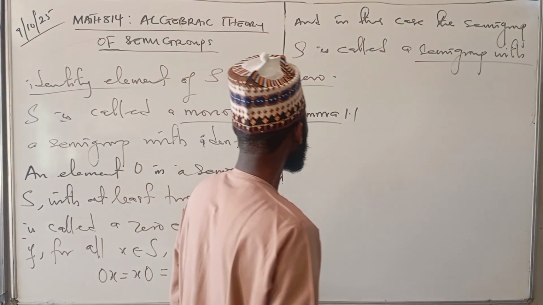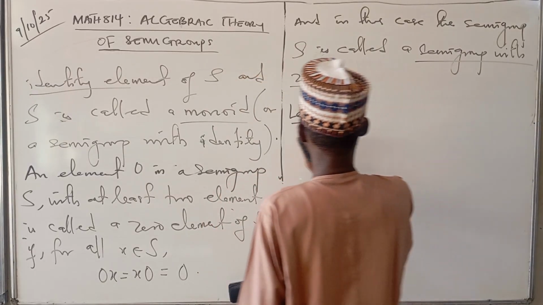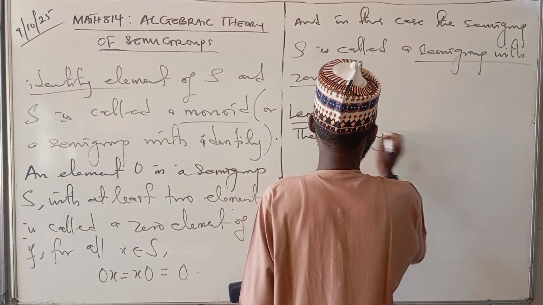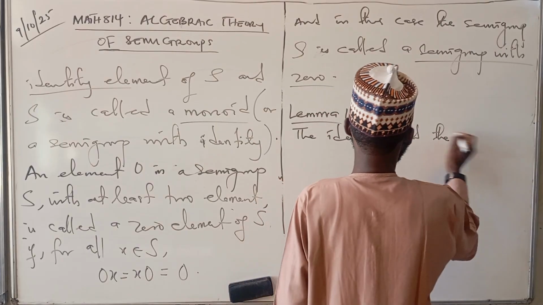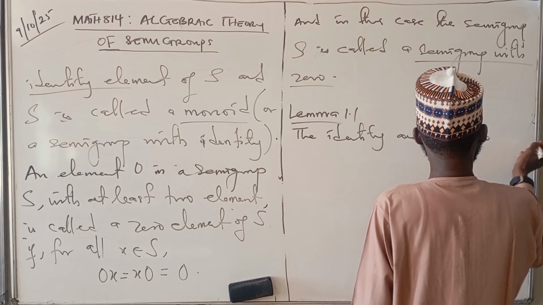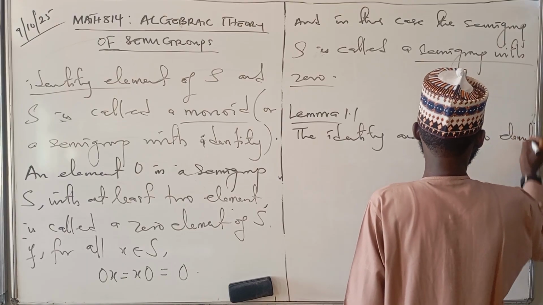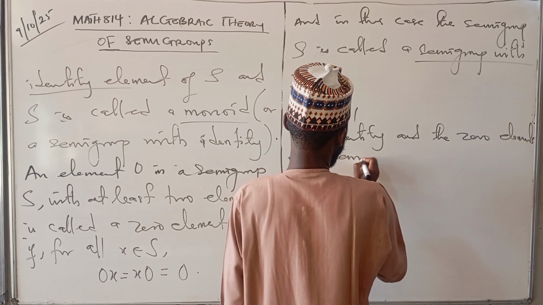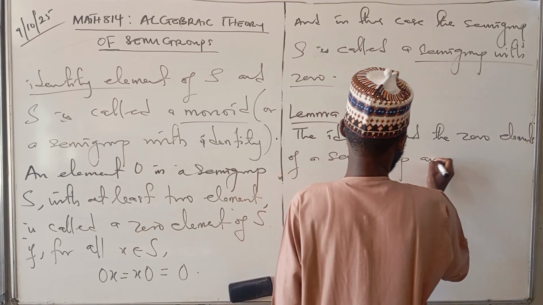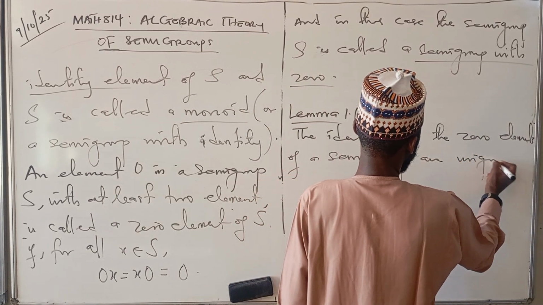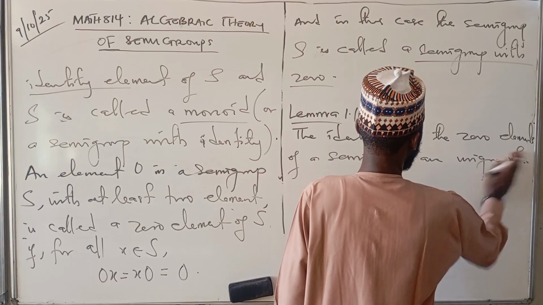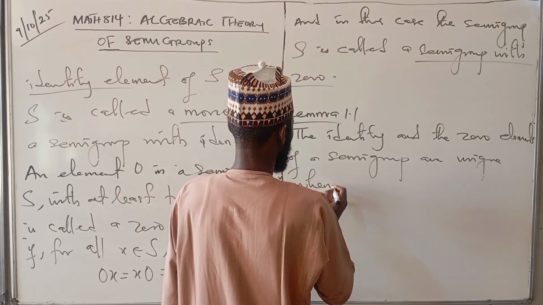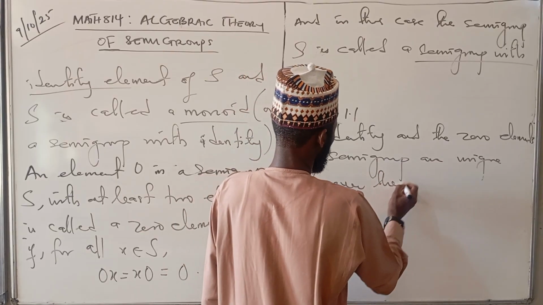So the identity and the 0 element of a semigroup are unique, whenever they exist.